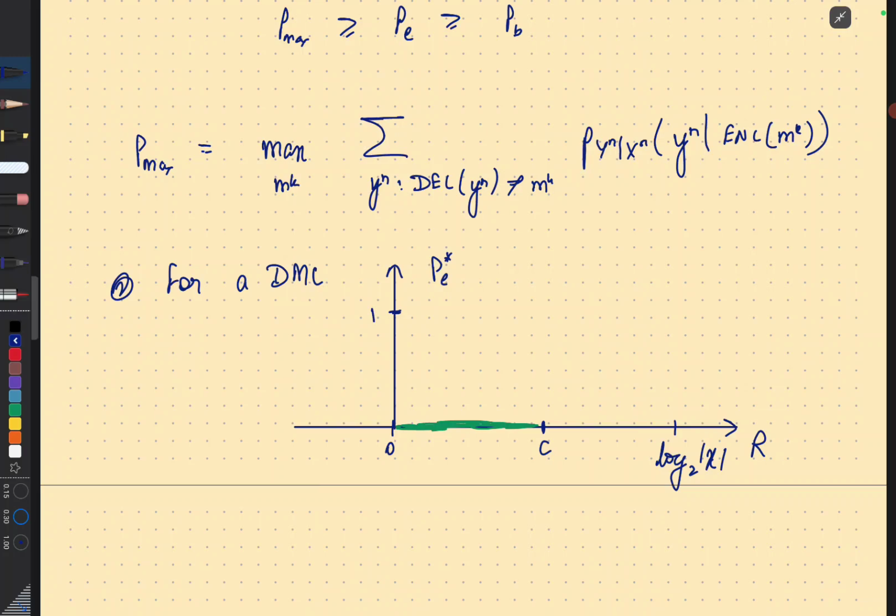What happens above capacity? So if you operate maybe at a rate that is slightly above capacity, it can never be 0, I agree, yeah? But what do you think would happen? Would you imagine that the asymptotic probability of error grows linearly or quadratically, or just a guess at this point?